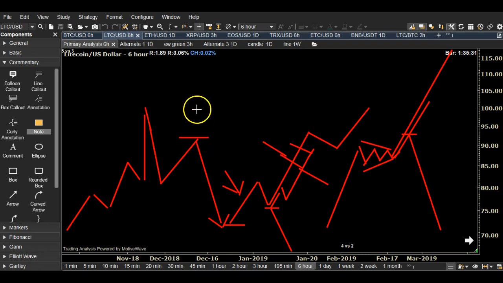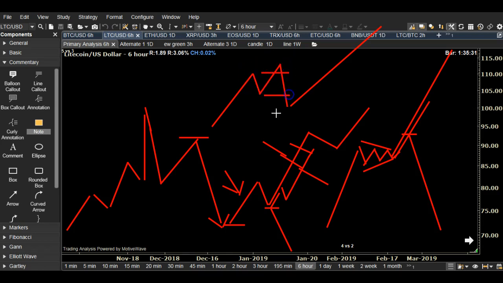Sometimes what you get is running flats in wave 2. So you go, this is wave 1, and then you go A, B, C. How do you trade that? And then the market moves up into the third wave. How crazy is that, right? This is the top of wave 1. It comes back in A. This is a B, so it fakes out everybody above here.